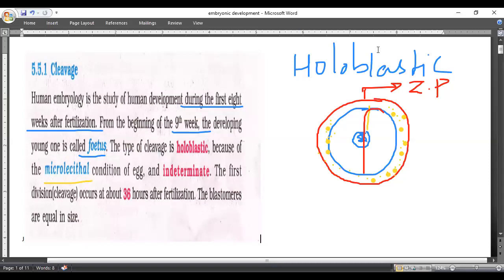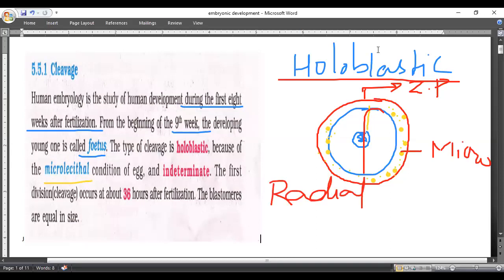We call it holoblastic cleavage, which is due to the microlecithal condition. Since humans belong to the deuterostomia, radial indeterminate cleavage is seen.